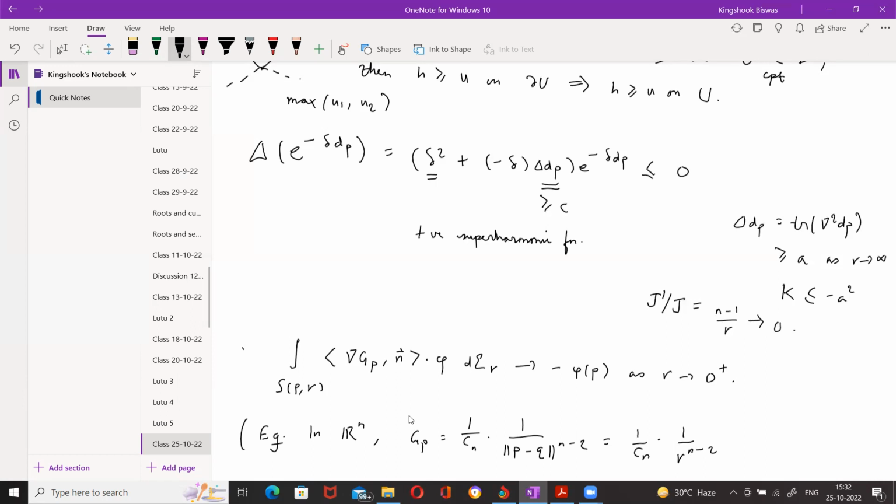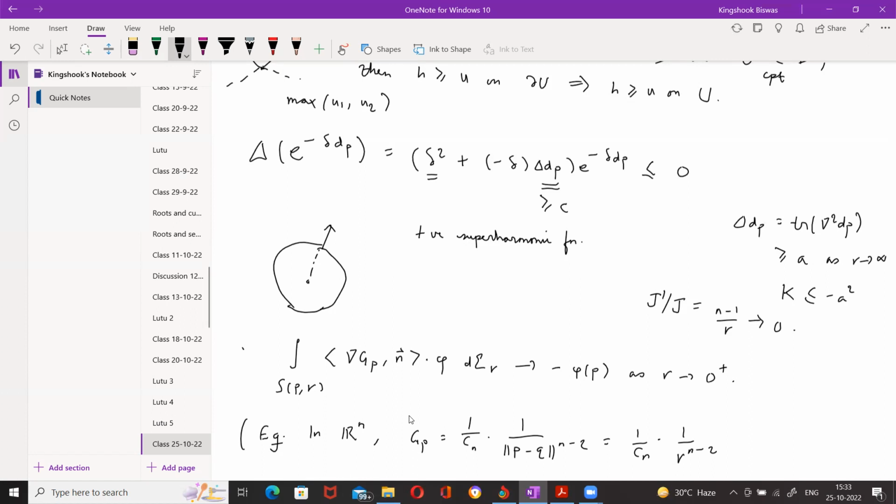And this inner product of grad G_P with the normal vector to the sphere, which is the radial vector field, right? So this inner product is just the radial derivative of G, ∂G/∂r, in polar coordinates.